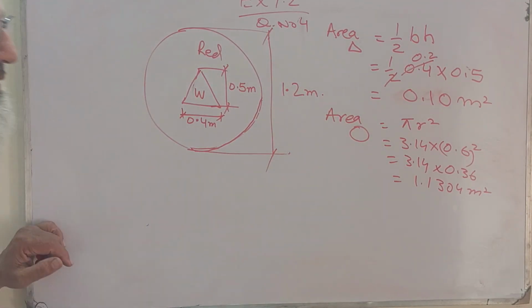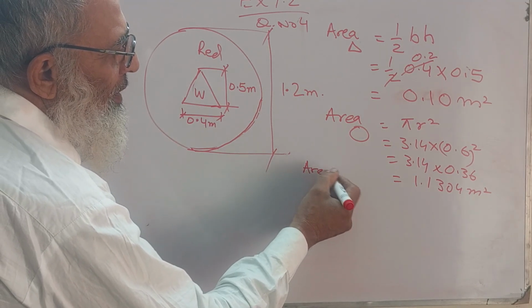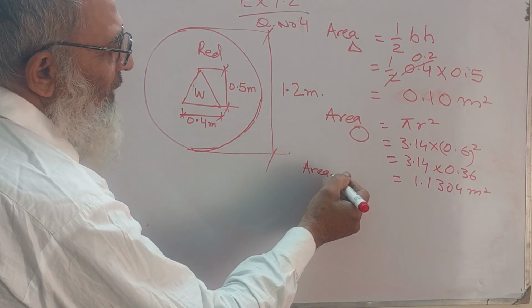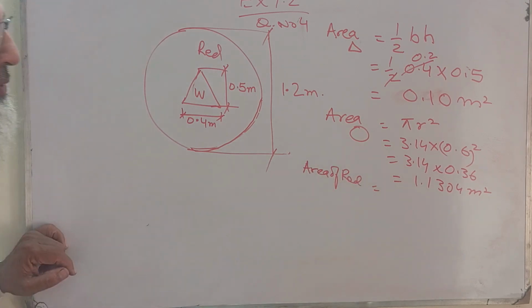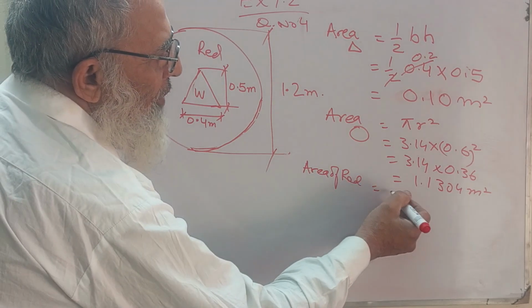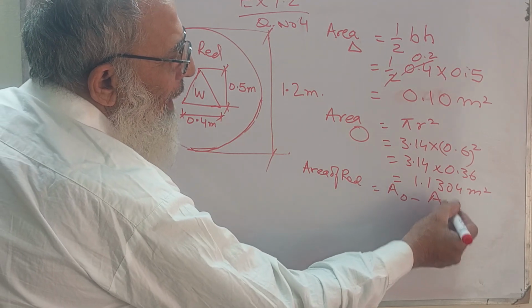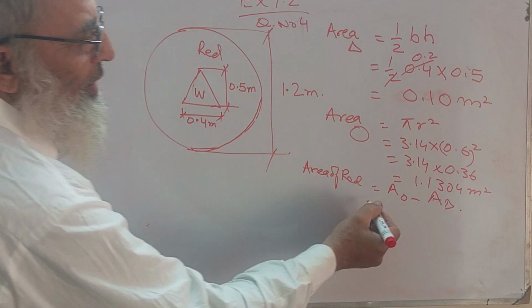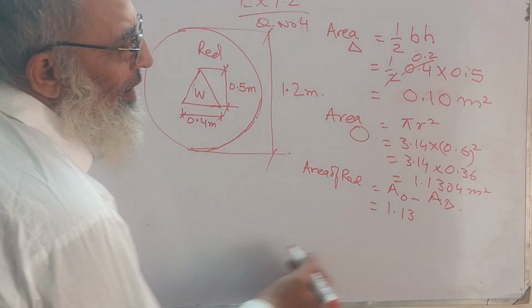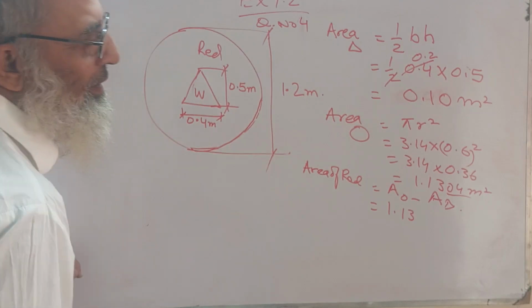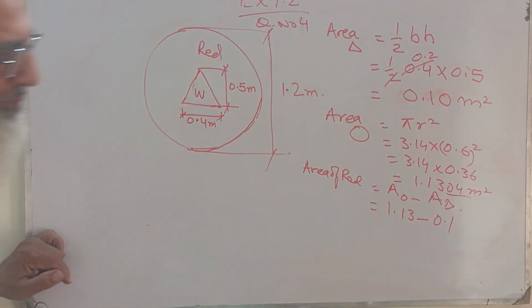So again, the same formula: area of red should be equal to area of circle minus area of triangle. Now it is equal to 1.13 minus 0.1.